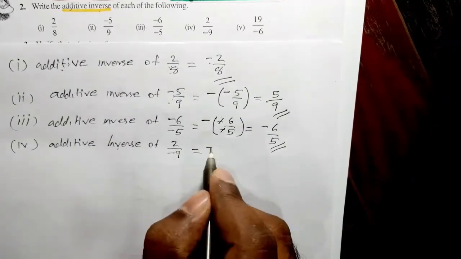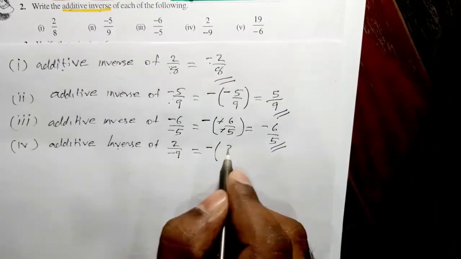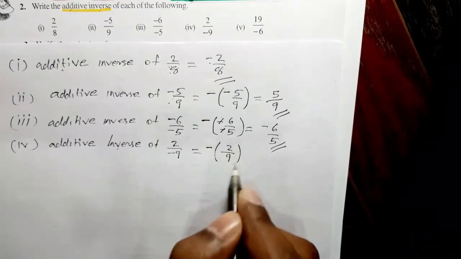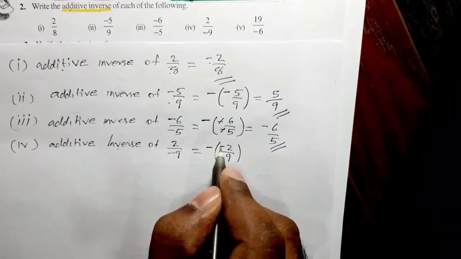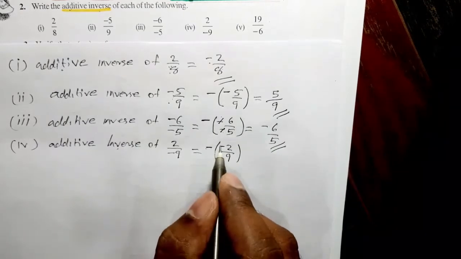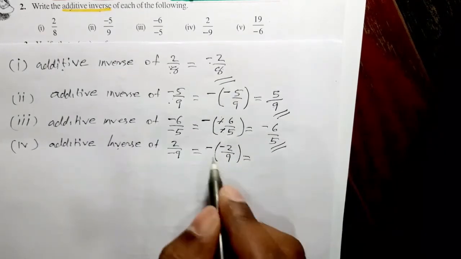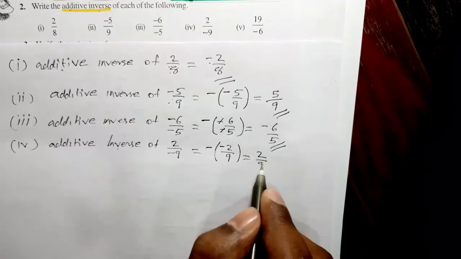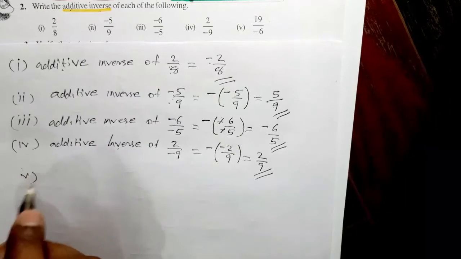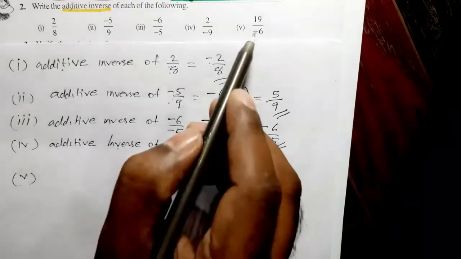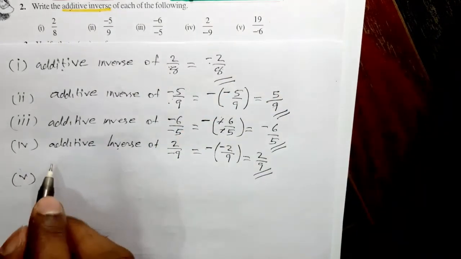We are giving just one negative symbol. Then already 2 by minus 9 is there. As I told you, the negative symbol in the denominator, we can mention on the numerator. Now here minus, minus coming together means it will be positive. So we get 2 by 9 as the answer. Now we can go to the fifth question. Our fifth question is the additive inverse of 19 by minus 6.